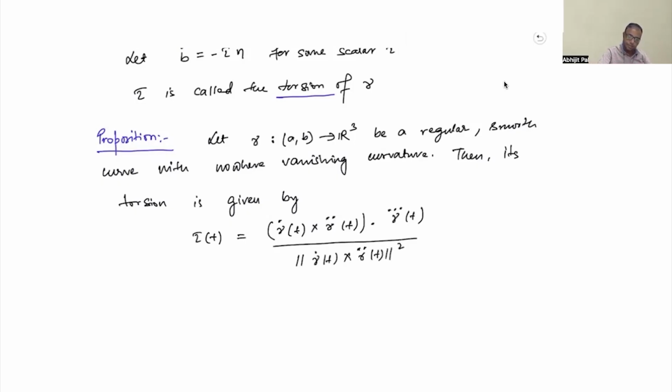Okay, so this you have to prove. So then you will get a formula to compute the torsion. Okay.